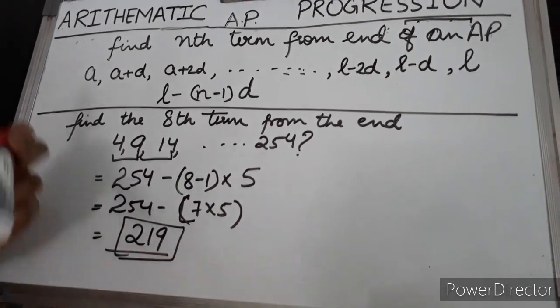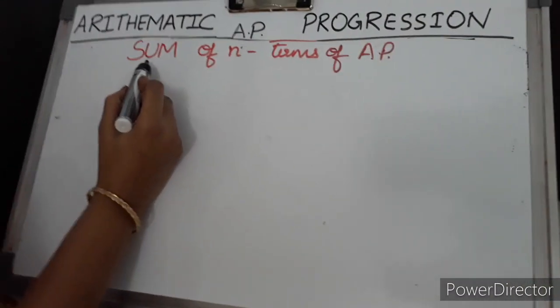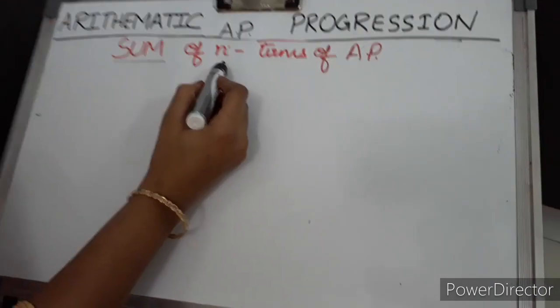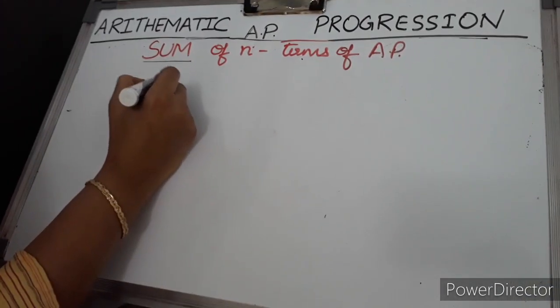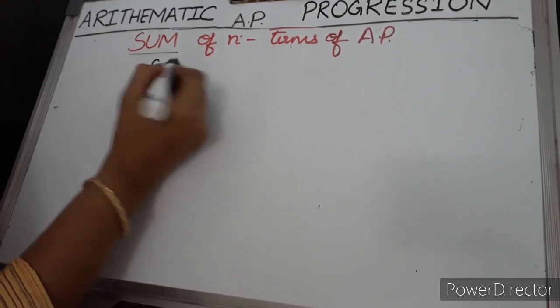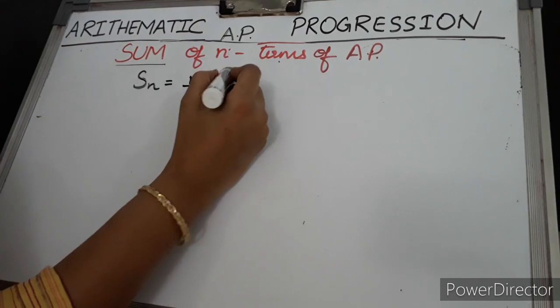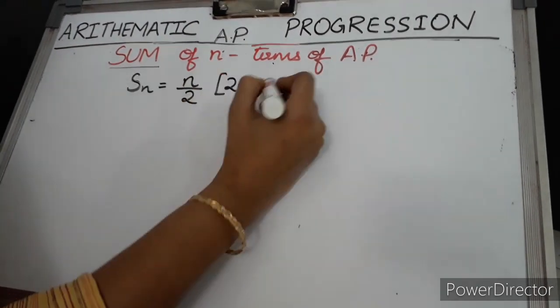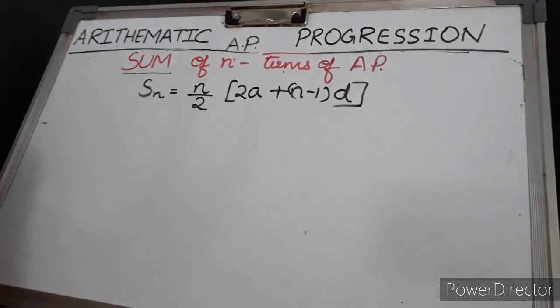Coming towards the next concept. The third concept is, if we have to find the sum of n terms of an AP, we again have one formula to find the sum of the series: Sn equals n by 2 into (2a plus (n minus 1) into d).